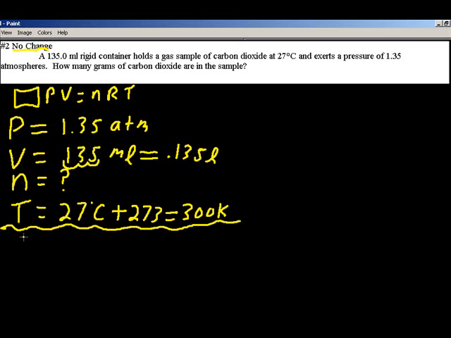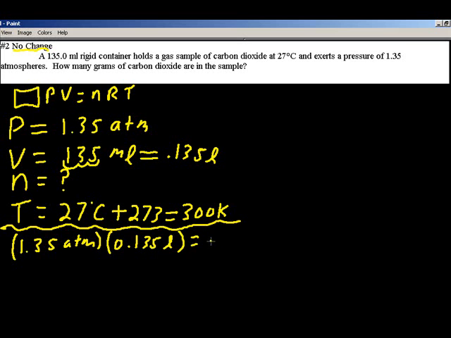What we can now do is punch these values into our equation, which is 1.35 ATMs. We get a volume 0.135 liters.